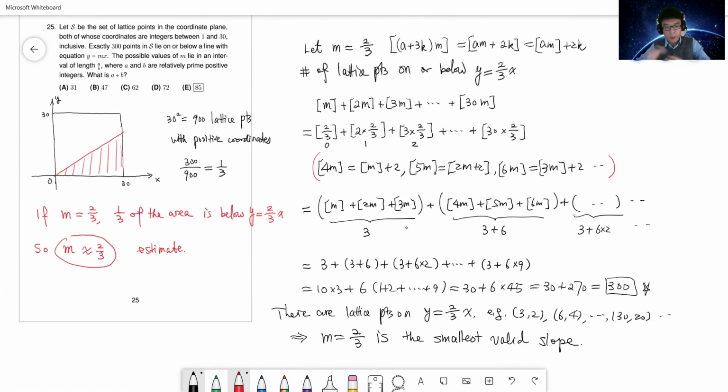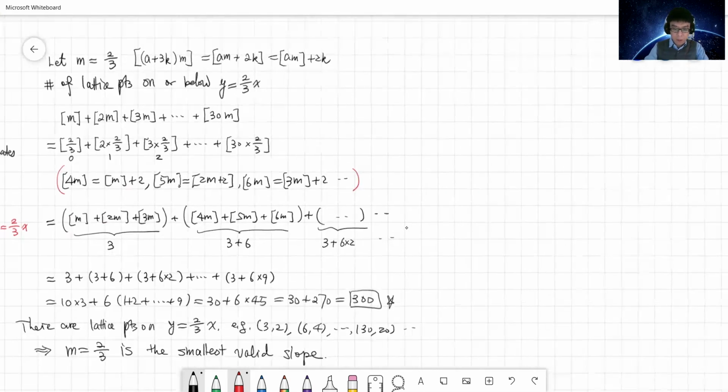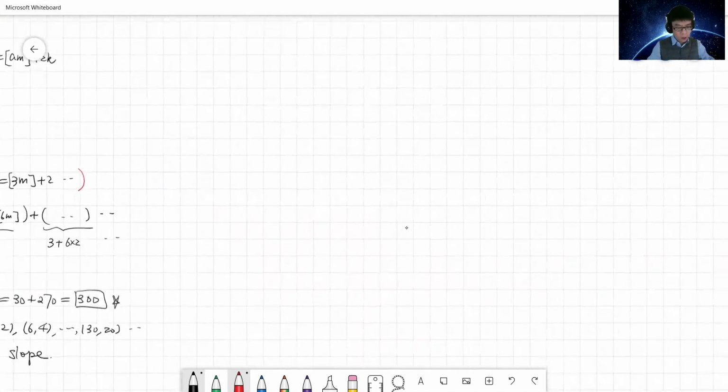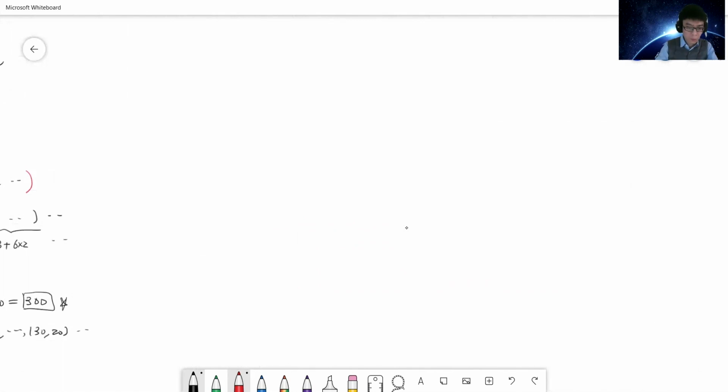Now we need to find the limit of the slope. In other words, what's the largest slope? Of course, we cannot achieve the largest value because it touches the next lattice point. So next step, we find this limit, the upper bound of the slope. I'll sketch here.